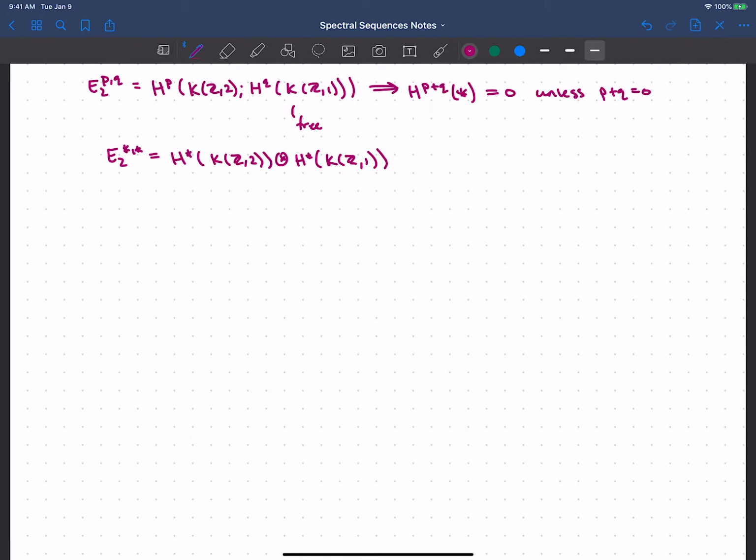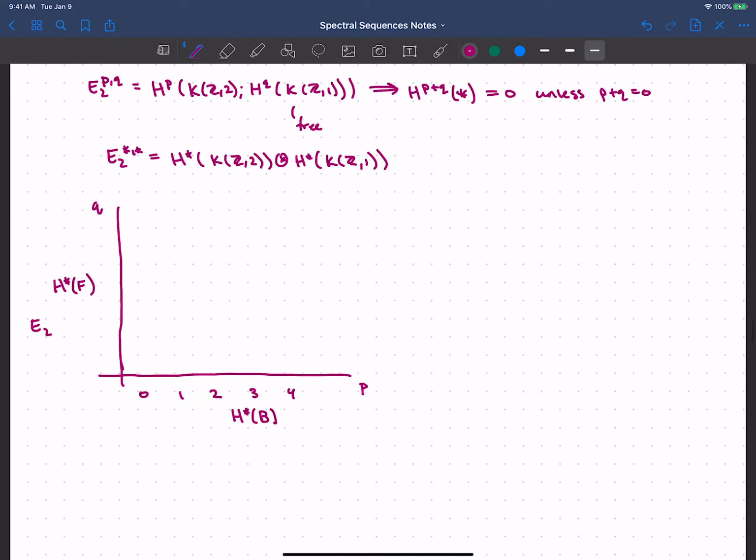So I always like to remind myself over on the q axis, I should have the cohomology of the fiber. And on the p axis, I should have the cohomology of the base. Maybe let me give myself some numbers here. Okay, in theory, working on this grid is supposed to help, but I find that I need to separate these anyway.